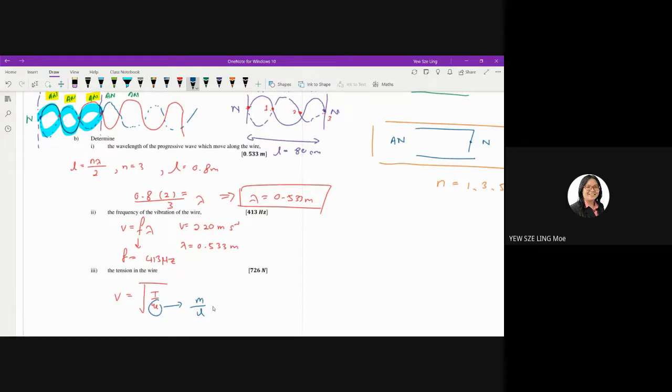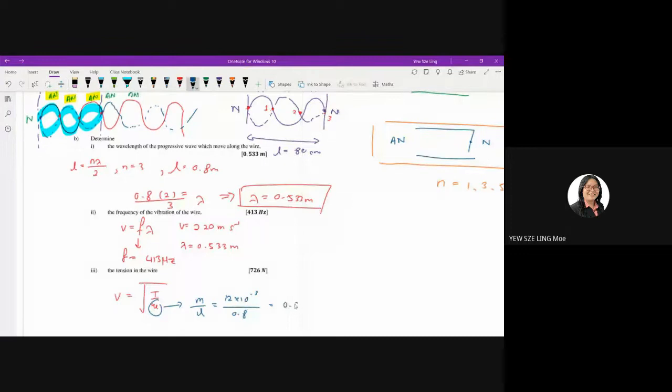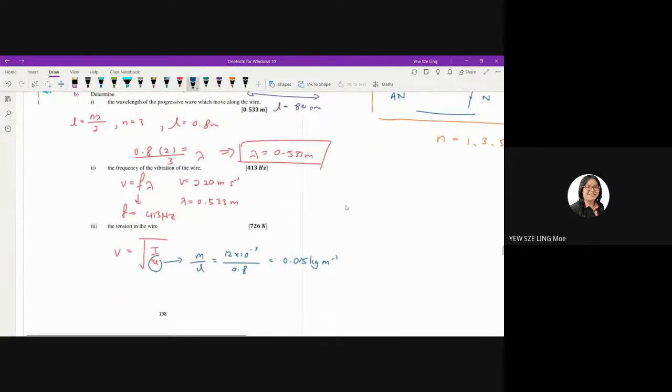Given mass equals 12 gram, which is 12 times 10 to the power of negative 3 kg, divided by the length, which is 0.8 meter. Therefore, mu equals 0.015 kg m^-1. So that is mu now.